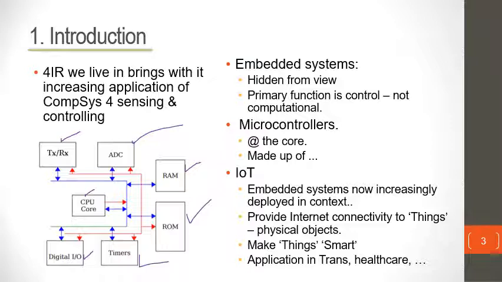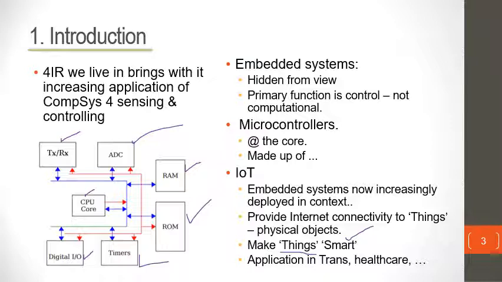And IoT, which simply means Internet of Things, provides internet connectivity to things, being physical objects. The main reason behind this is that we want to enable these physical objects to be smarter by connecting them to the internet.